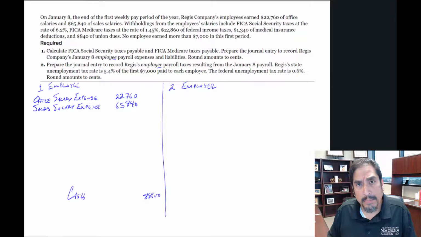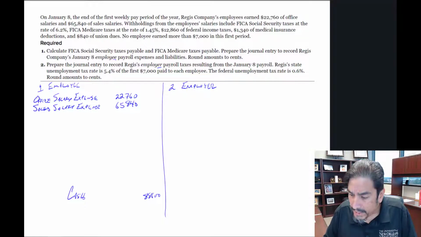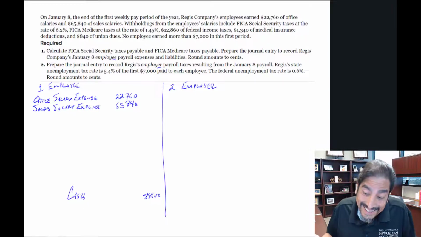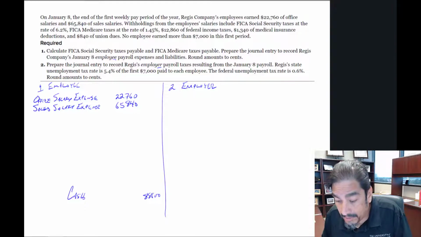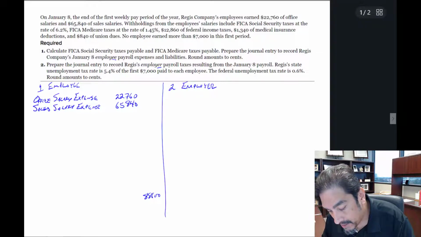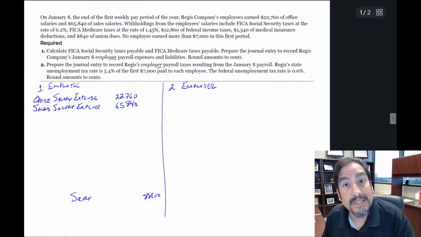This is not the typical way of doing it. I don't think this problem specified, so technically if you wrote the credit to cash, you'd be okay. But the typical way to do this would be not cash, but salaries payable.